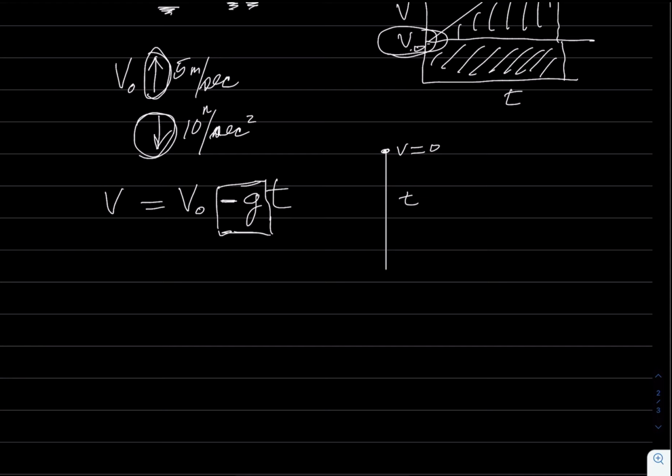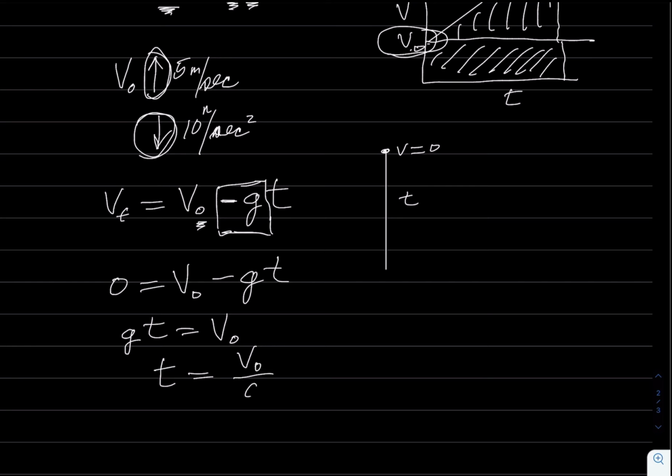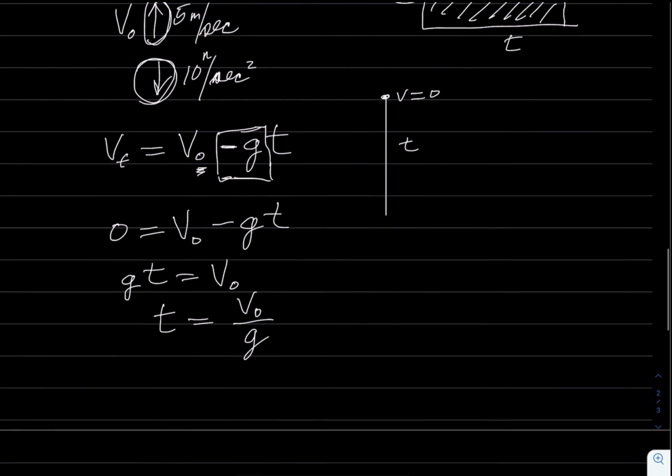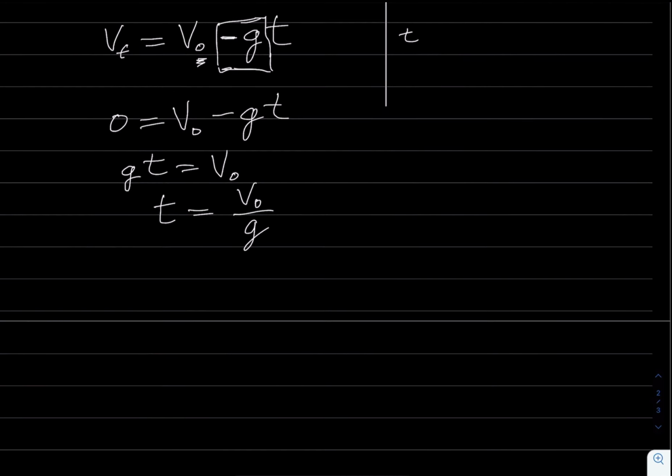So if we say that v final equals v initial minus gt, and we want v final to be 0, we say 0 equals the initial velocity minus gt, and that means that gt equals the initial velocity, and the time that it takes to rise equals v sub naught over g, over the acceleration of gravity. Does that sound good to you? All right, so now we know how long the ball was rising.